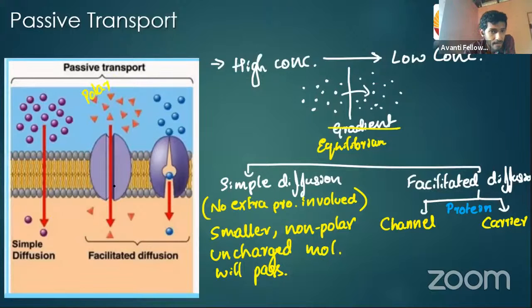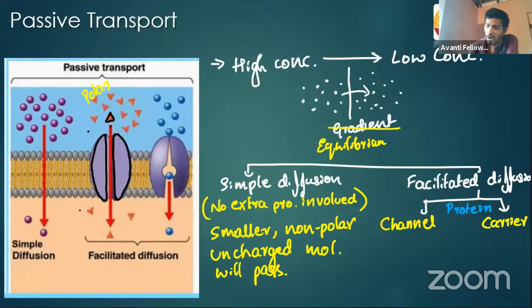A channel protein has a continuous opening, and this opening helps the molecule transfer from one side to the other through this protein.